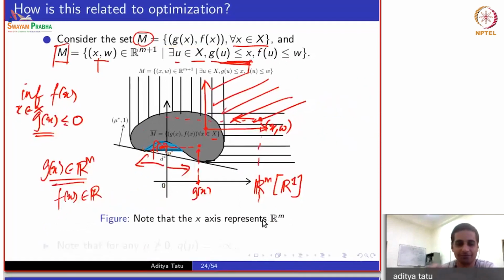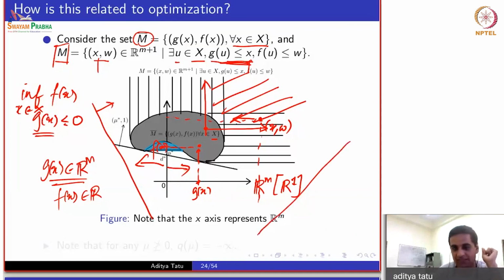See, if mu is positive, all hyperplanes with normal (mu, 1) would have the normal in this direction, right? As I said, positive x-axis means mu is positive. Negative x-axis means mu is negative. So, can I take this as a hyperplane? This also has normal (mu, 1), right? You see the y-coordinate of this normal is positive, but the mu, the x-coordinate, is negative.